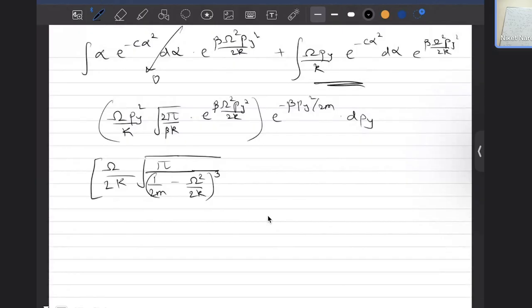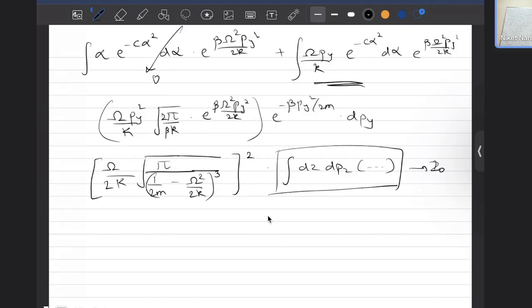So dz and dpz are what remain, dz, dpz, and the terms corresponding to it. This is what I am calling I0 now. Some I0. Why? Because I don't want to be bothered with it.